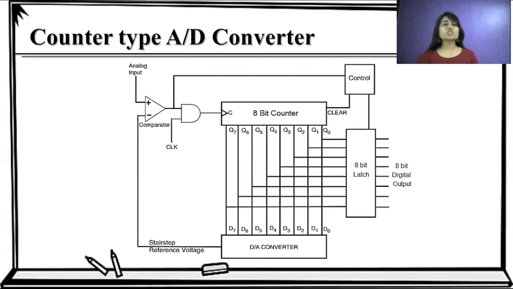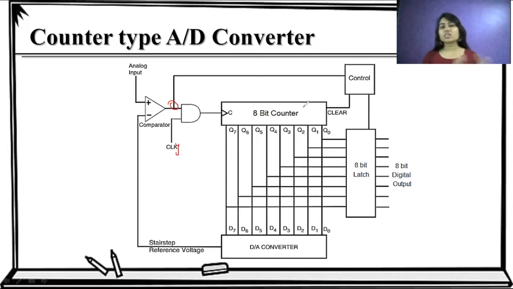We have an AND gate over here, so using this AND gate we have a positive or a negative value, and due to this value we can control the clock which is given to the counter.